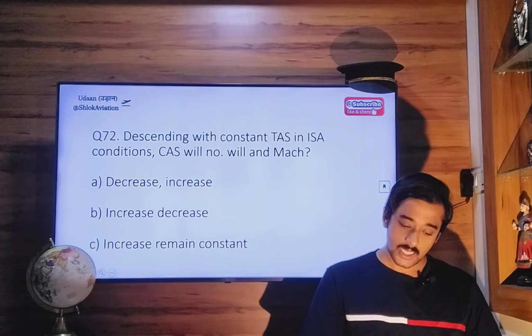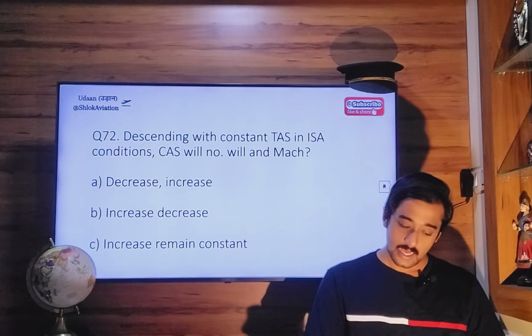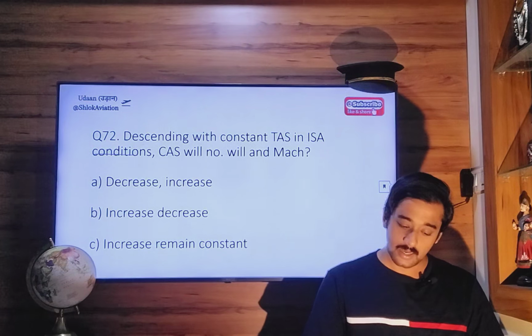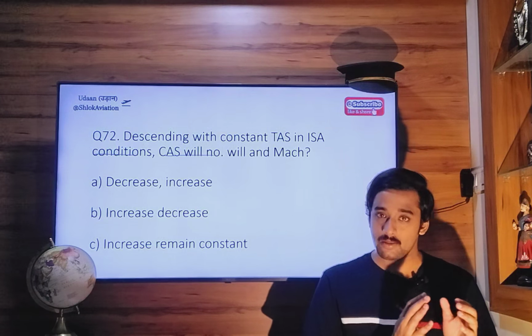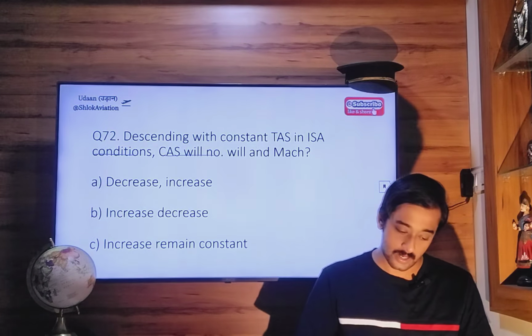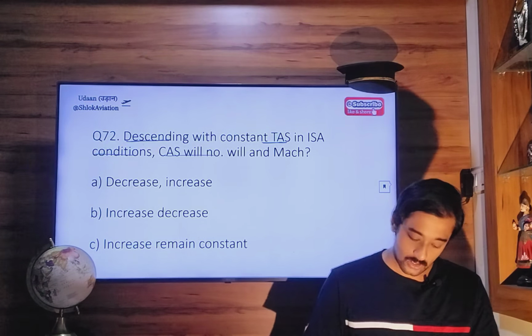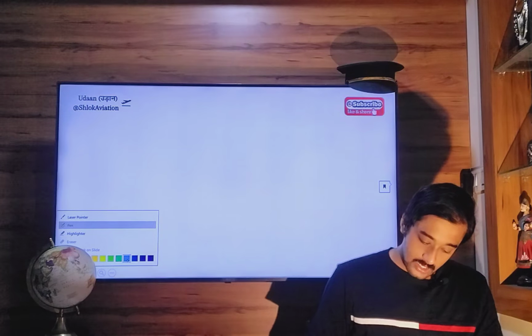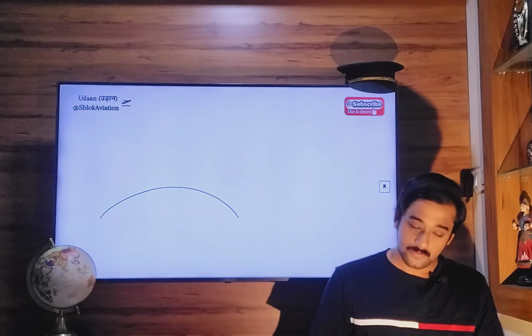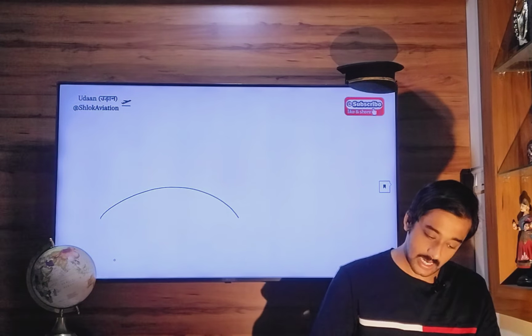72. Descending with constant true airspeed in an ISA condition, what will happen to calibrated airspeed? What will happen to Mach number? So very important, you are descending at the same constant true airspeed. So let's say this is your Earth and this is your aircraft.